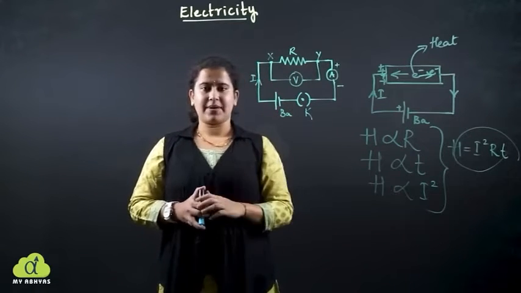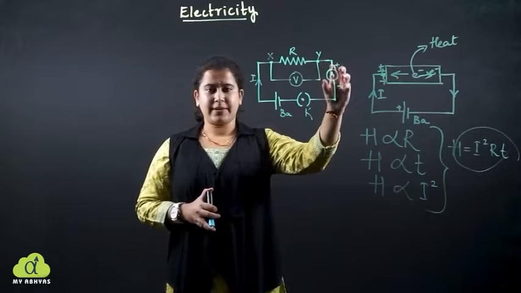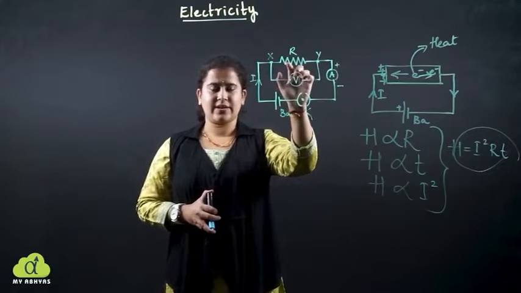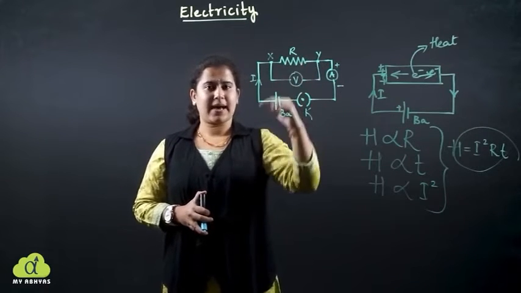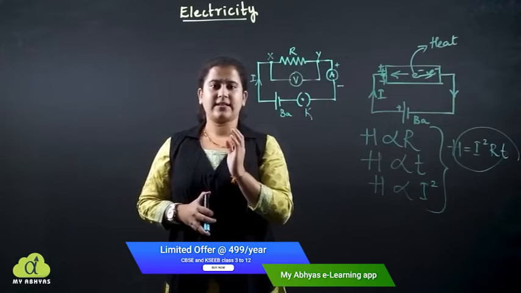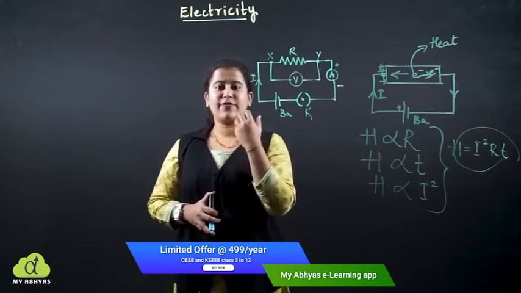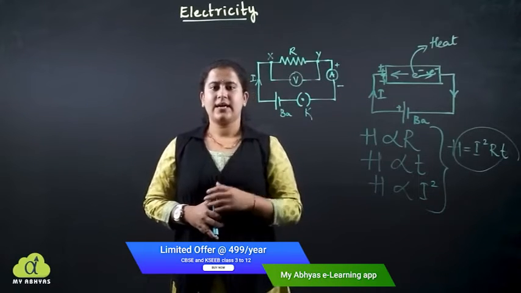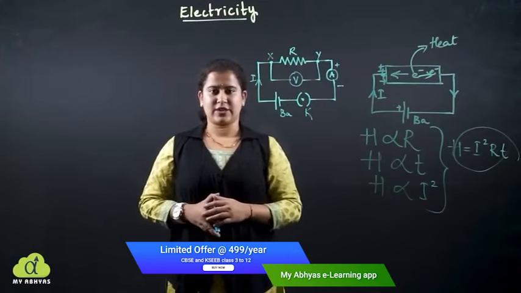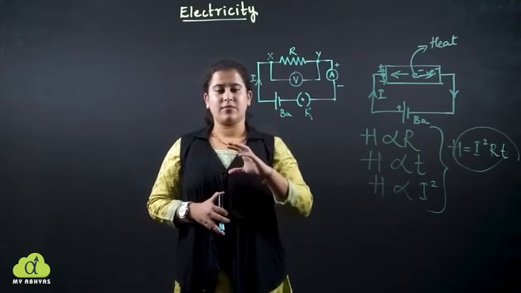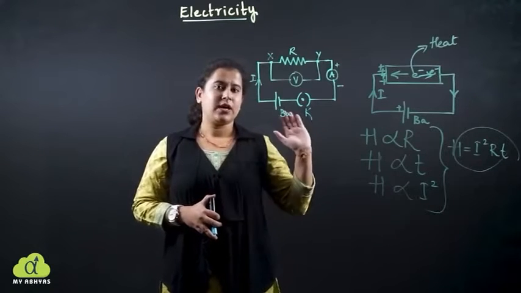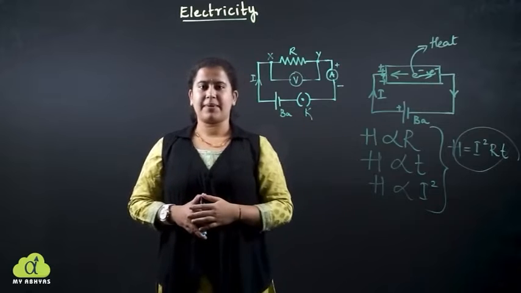Now here, I have an ammeter placed in series with the resistance wire and a voltmeter placed in parallel with the resistance wire. I think you people know that the fuse in your home is connected in series, to avoid damage to the apparatus and electrical appliances.